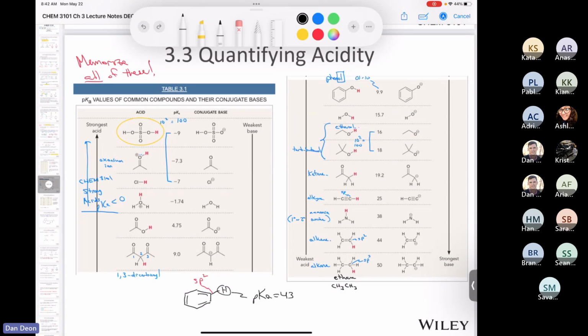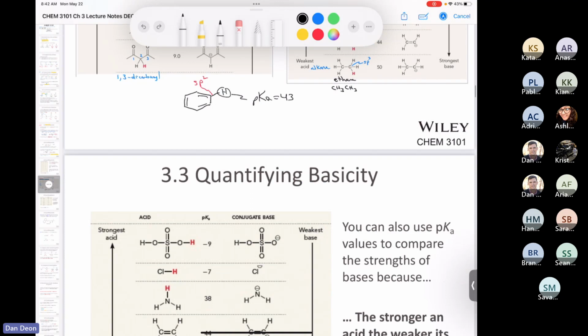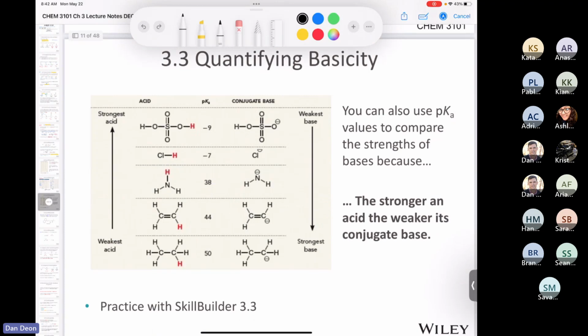And if you're thinking, well, if I memorize the strengths of the acids and their pKa's, should I also have an idea about how base strength works? Absolutely. And we're going to look at base stability quite a bit in a few minutes. So check it out. Quantifying basicity. It's right here. Anyhow, we're going to look at more of a qualitative treatment in just a second.